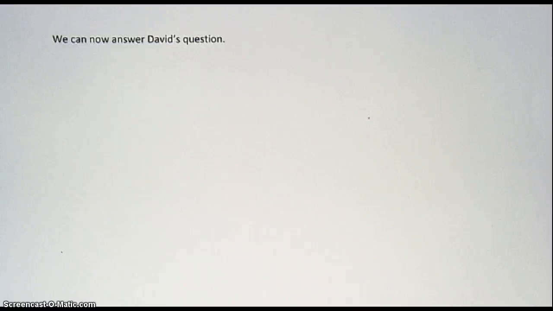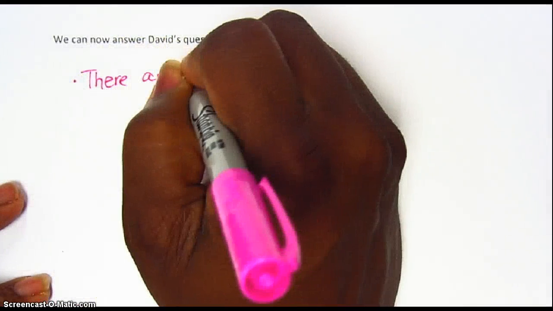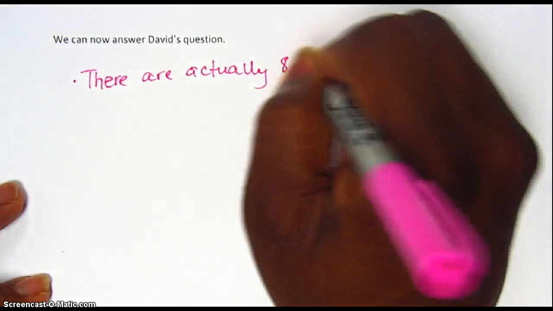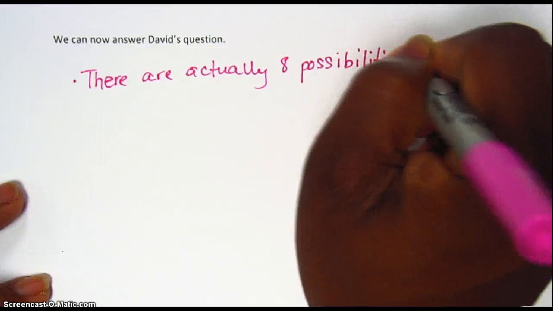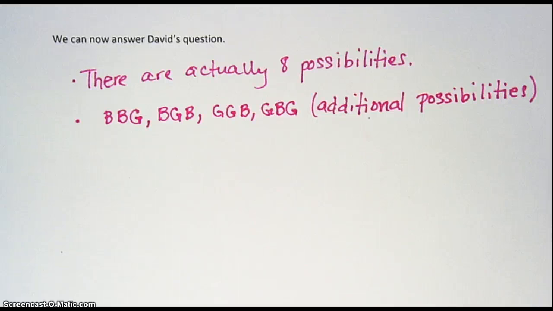Based on what we've done so far, first of all, we can tell Mr. Sissel that there are actually 8 possibilities. In addition to the ones listed, we have these. We have boy, boy, girl; boy, girl, boy; girl, girl, boy; and girl, boy, girl.